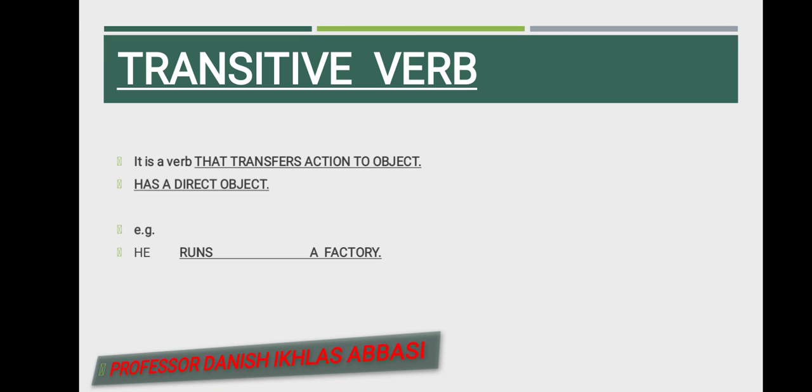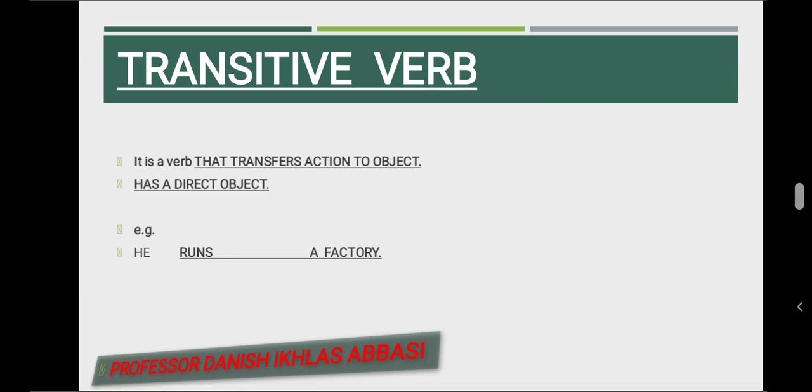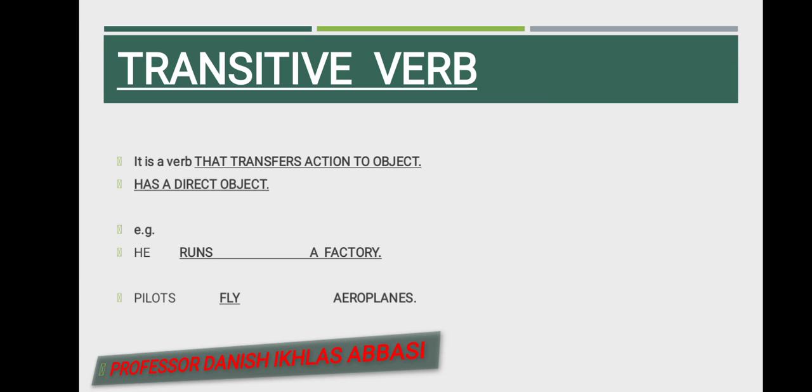He runs a factory. Here the verb runs is a transitive verb, and look at another example. Pilots fly aeroplanes. Now here the verb fly is also a transitive verb and aeroplanes is the direct object of this sentence.